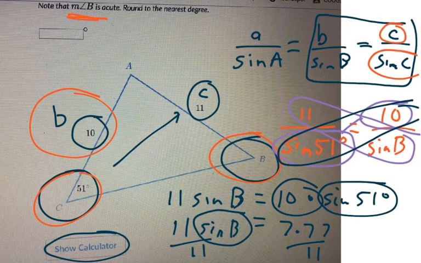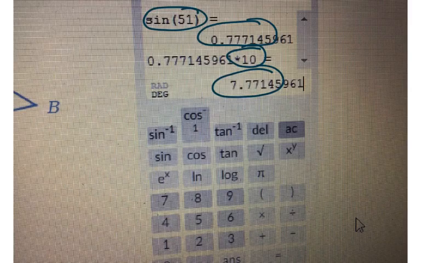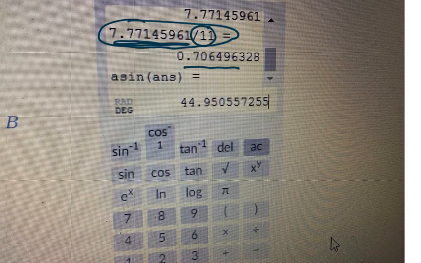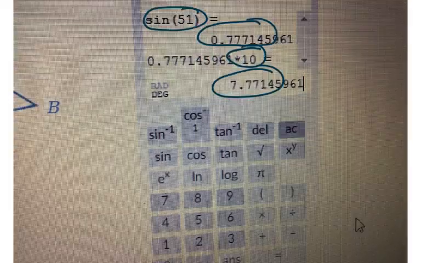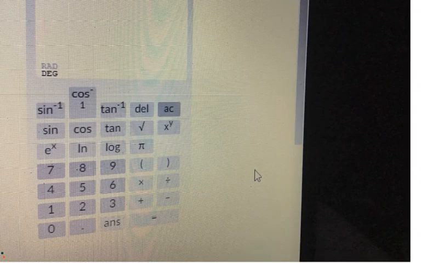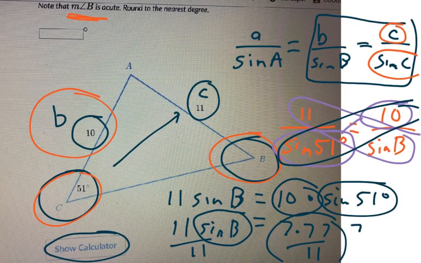Okay. So I know that this 7.77 divided by 11 is, what was it again? 0.7064. Just want to make sure I was doing it right. 0.7064.